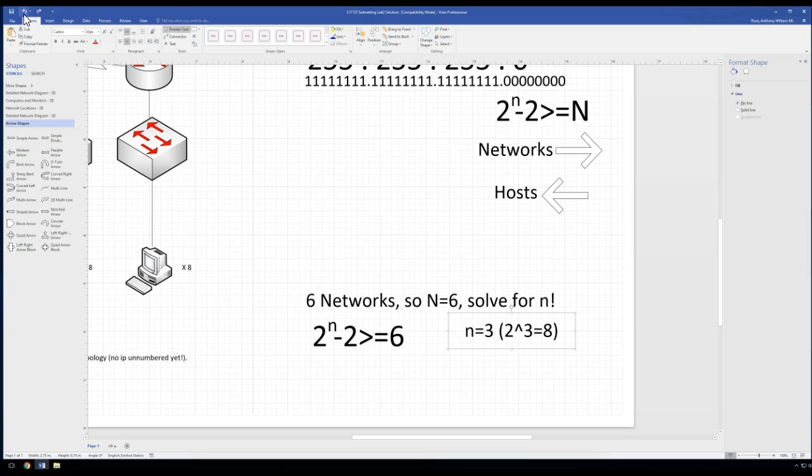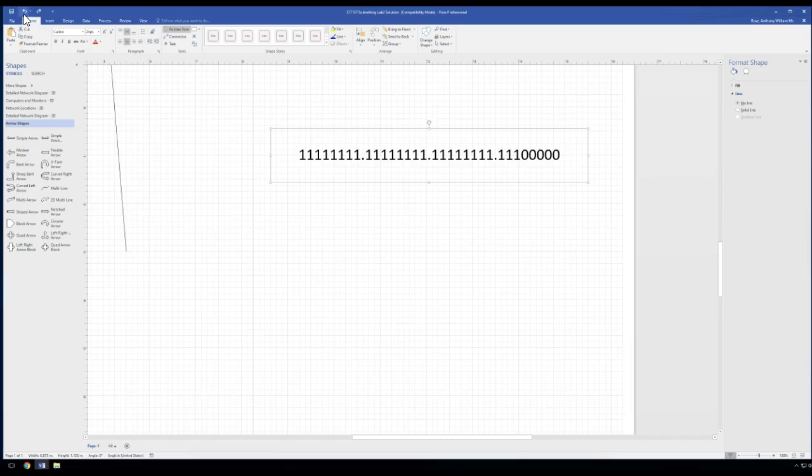If we solve for n, I think you can do that math in your head. 2 to the 3 is 8, minus 2 equals 6. So that means that we are borrowing 3 bits that used to be host bits in the last octet, and converting them into network bits.